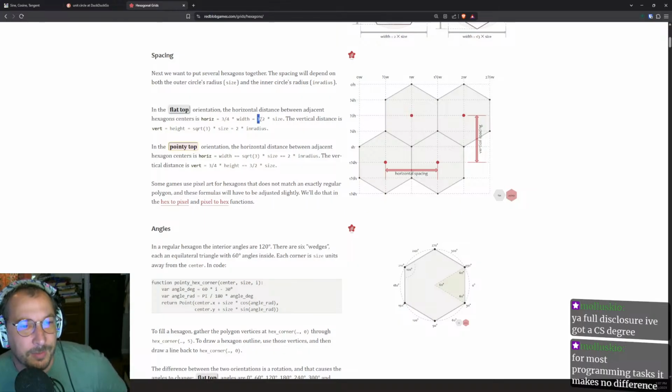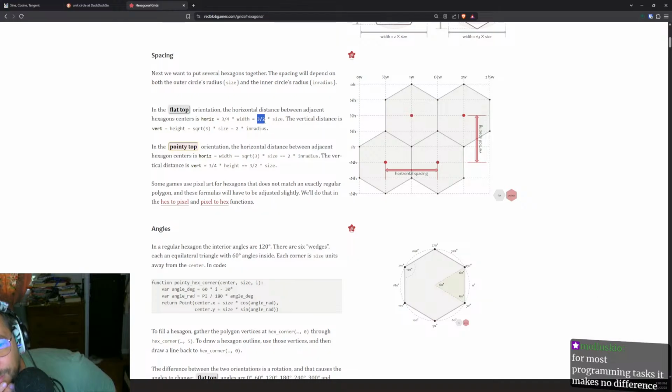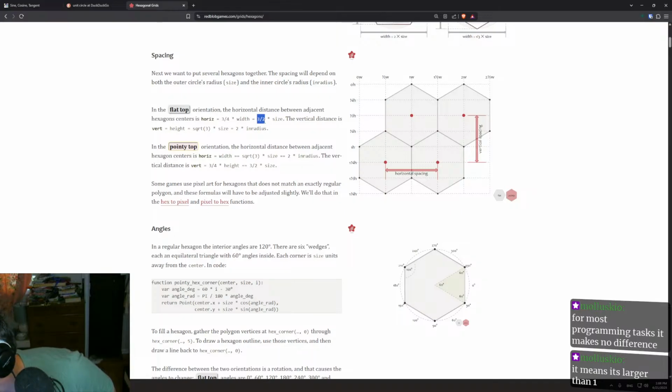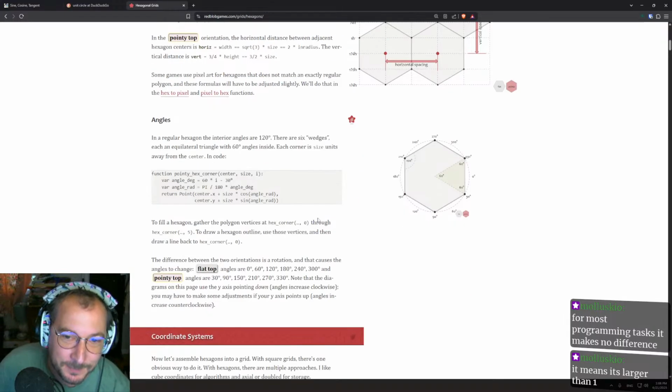This isn't a fraction. I've never seen a larger number on the fraction side, on the dividend, larger than 1. Okay. Height equals the square root. It says vertical distance. Jesus, son of a biscuit.